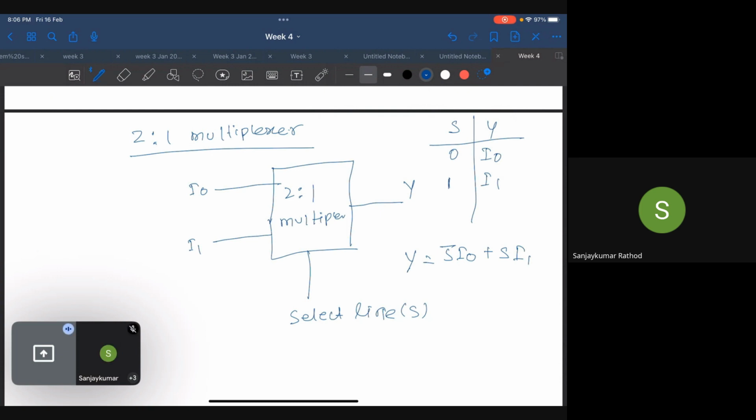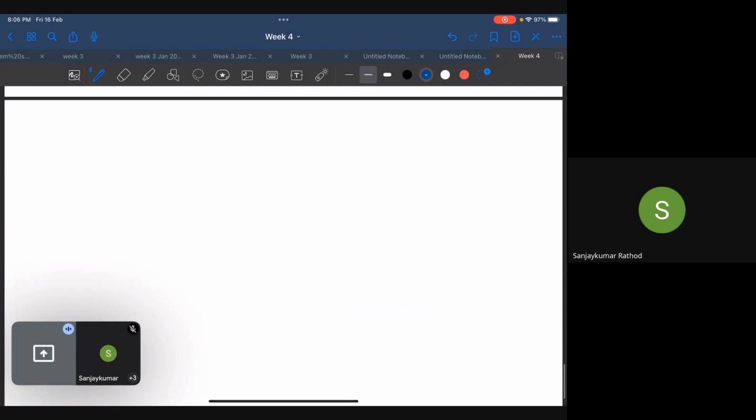Now we'll see the 4 cross 1 multiplexer. So what is a 4 cross 1 multiplexer? It has 4 inputs and the output will be 1, right? So this is called a 4 cross 1 multiplexer.